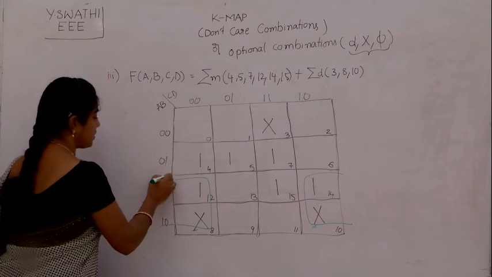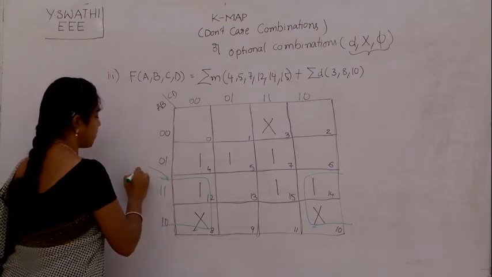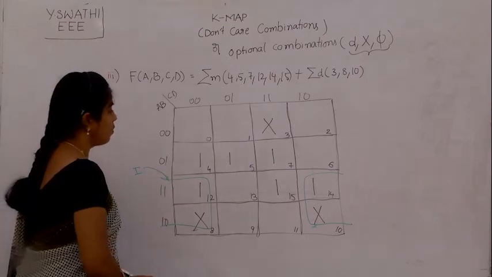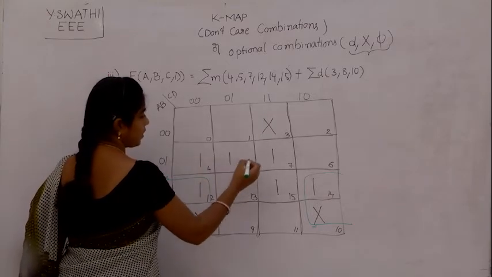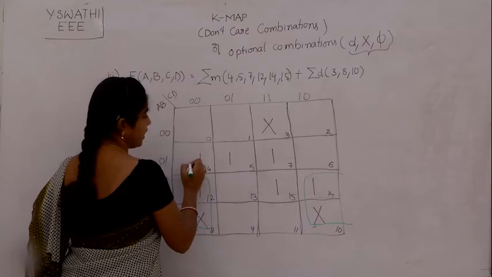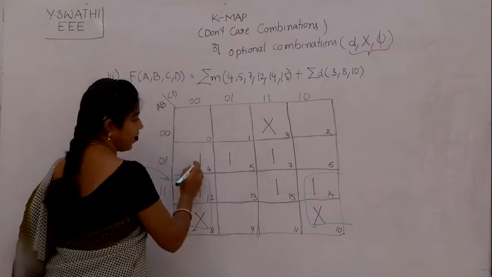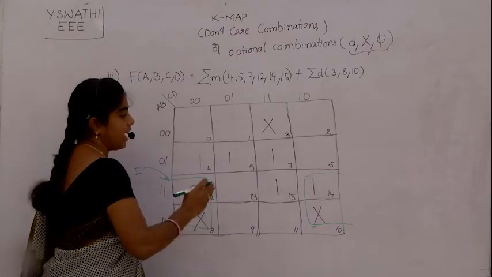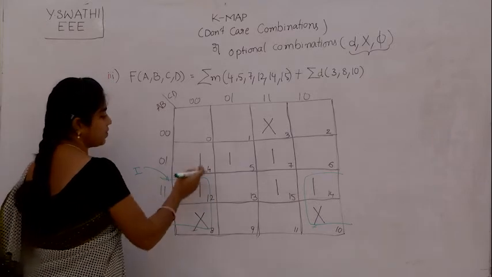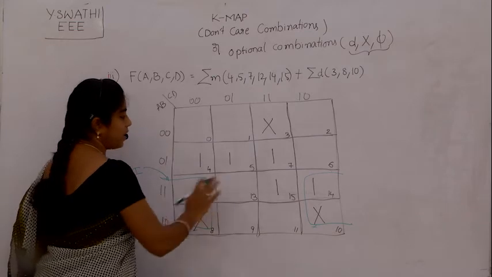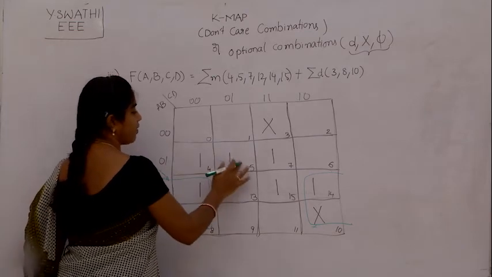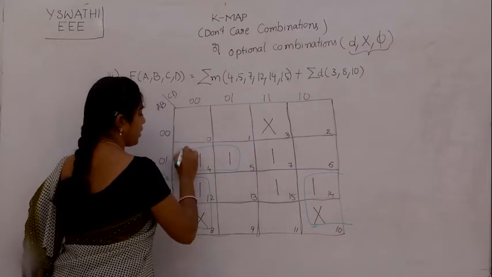Now this forms the first prime implicant. Now we will see for the next one. This one is adjacent to this one and this one. You can take either combination. Since this one has already paired with a quad, I will take this 4 and 5 as adjacent and form a group.